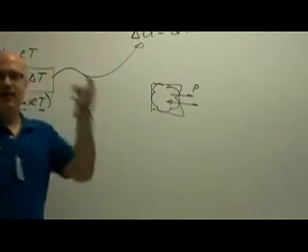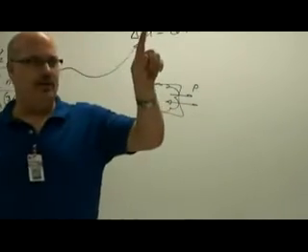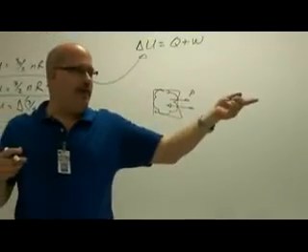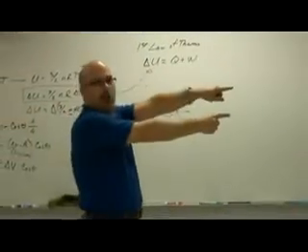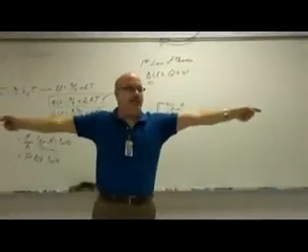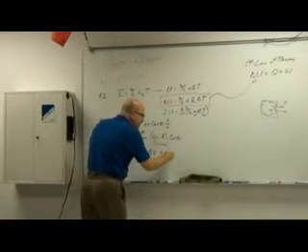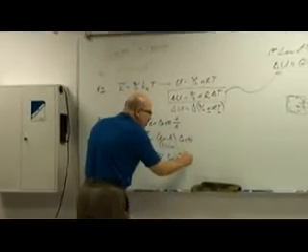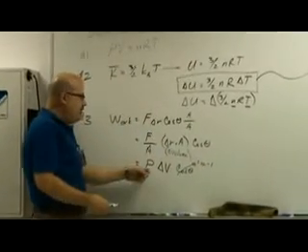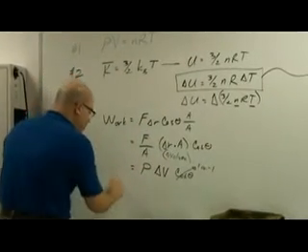Then cosine theta is always going to be either 1 or negative 1, right? So it's always going to be cosine of 0 or cosine of 180, so 1 or negative 1. So this I'm going to get rid of. So we just have to figure out what our sign convention is.